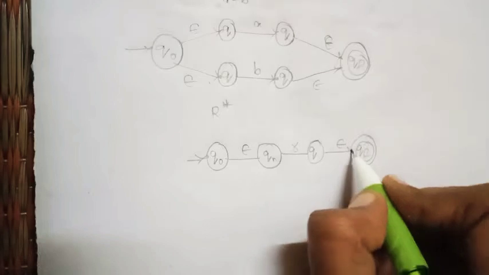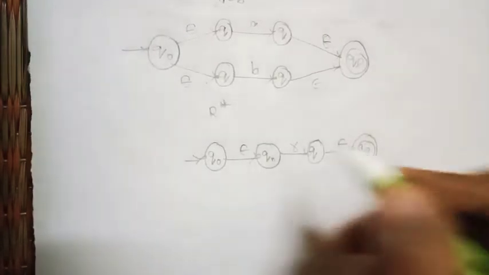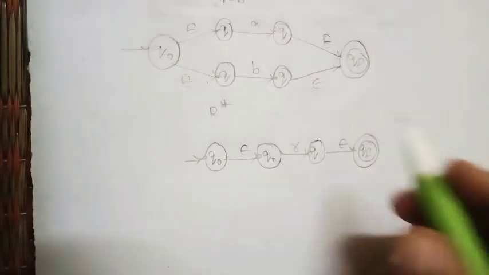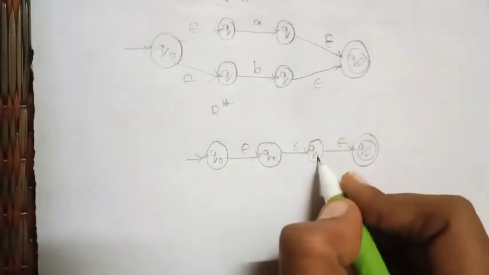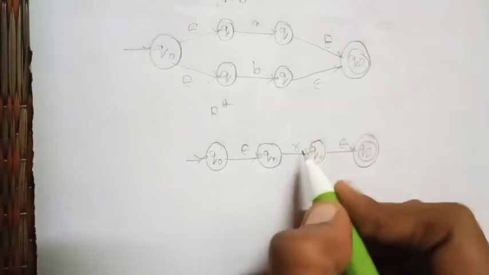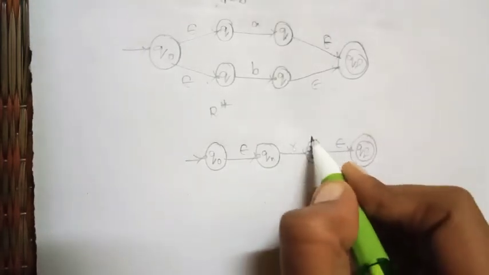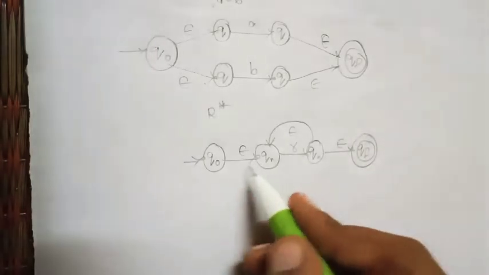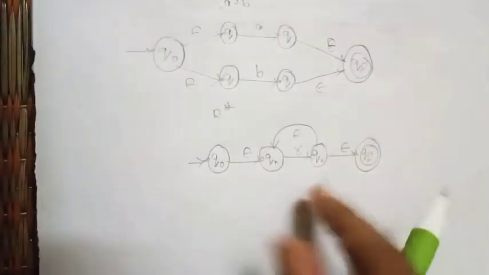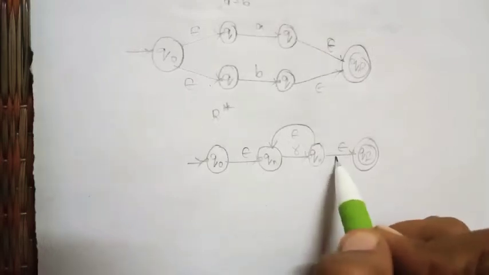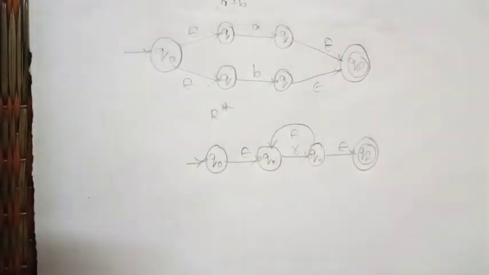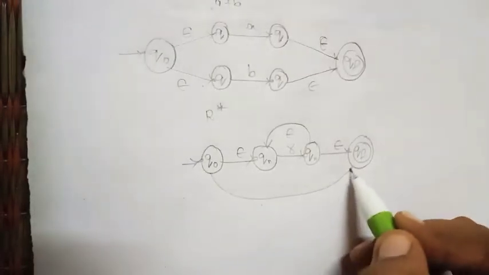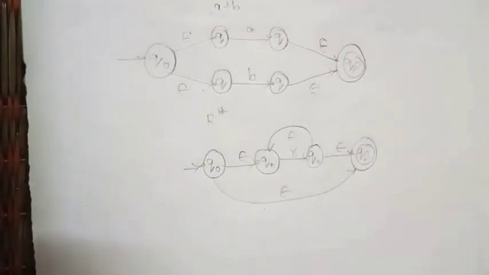Here again we need to take 2 more epsilons. Why 2 more epsilons? One from new state to new state. That means to represent r we just need 1 epsilon, and to represent r hashtag this is a total of 2 epsilons plus r. So to represent this from initial state to final state, 1 epsilon, guys.